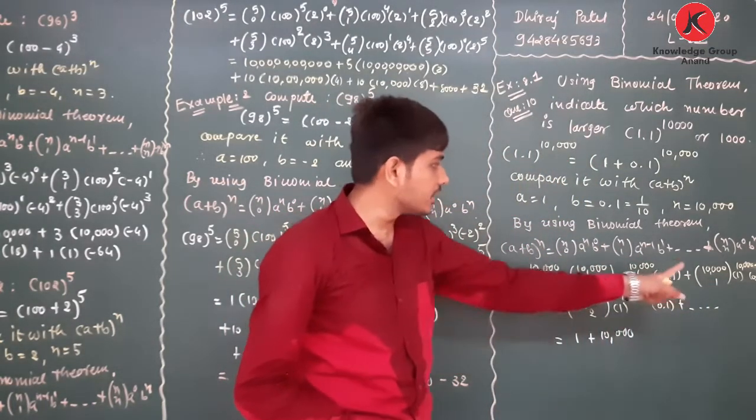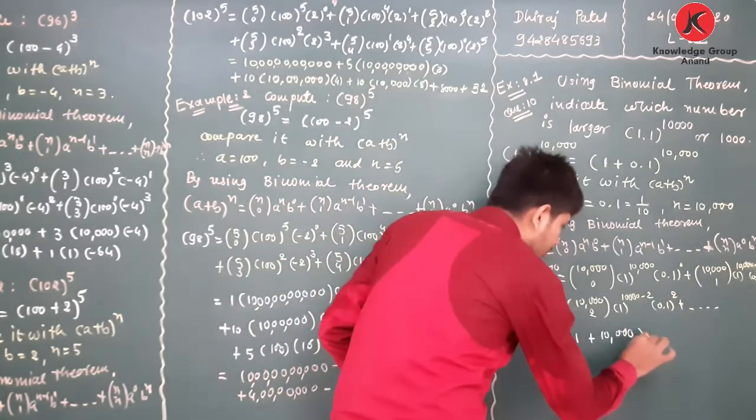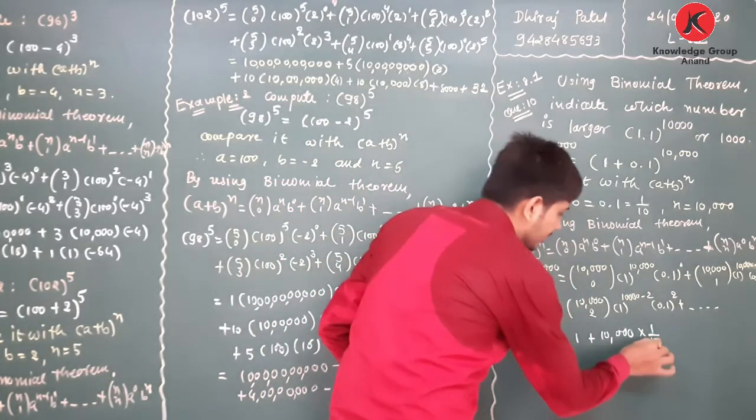So 10,000 into 1 into 0.1 can be written as 1 upon 10.